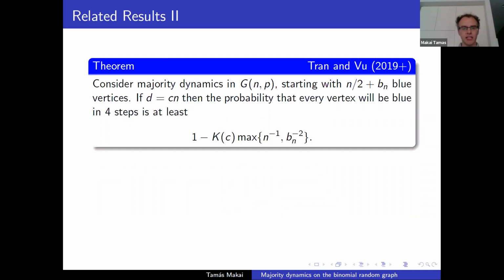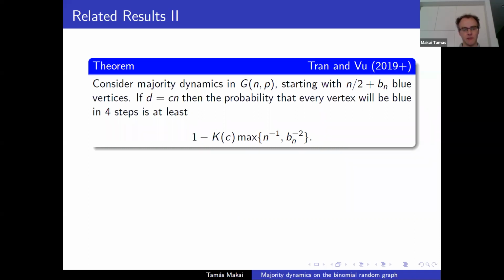The next result is due to Tran and Wu, and they also consider majority dynamics in the binomial random graph, but they just want that there is a difference between the number of blue vertices and the number of red vertices. In particular, they want this difference to have size 2 times b_n, or the number of blue vertices to be n over 2 plus b_n.